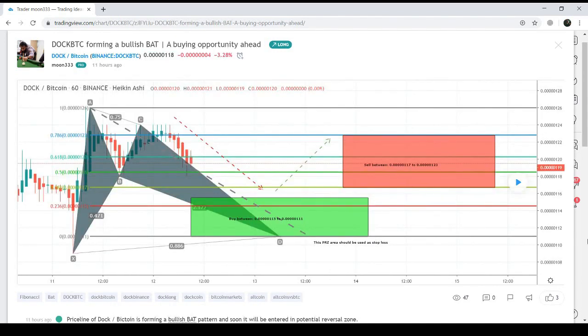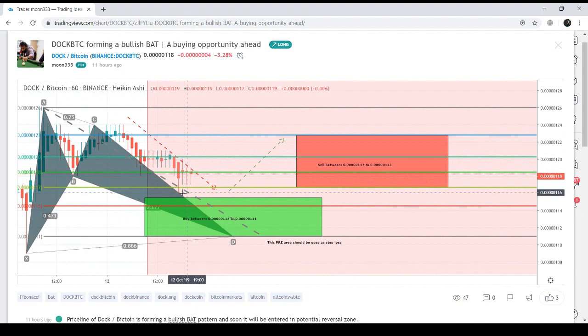My next idea for today is DOG Bitcoin pair, and on this idea you can see the price action is forming a bullish bat pattern. After the initial leg, the A to B leg is retraced up to 0.50 Fibonacci, and the B to C leg is retraced between 0.382 to 0.886, and so far it is retraced almost up to 0.618 Fibonacci, sorry, 0.50 Fibonacci.